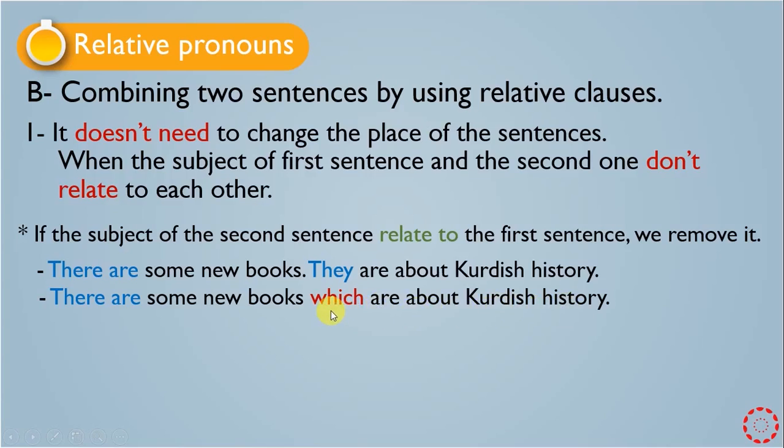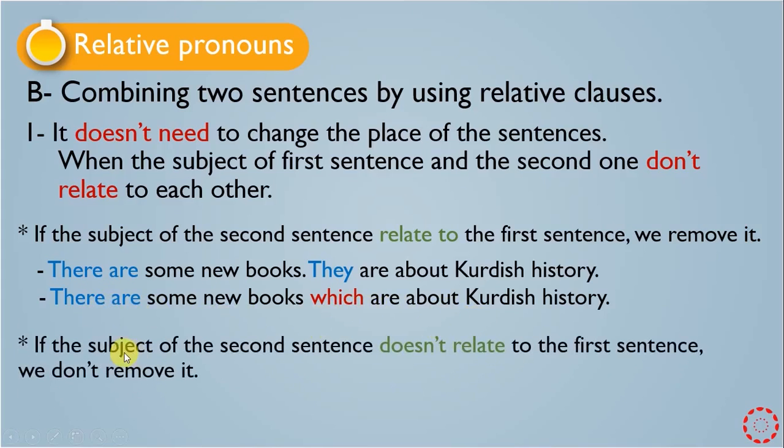Because in these two sentences, the subject of the first sentence and the second one are related to each other. That's why when we combine these two sentences, we can remove the subject of the second sentence. As you see in the second example, there are some new books which are, we remove "they", which are about Kurdish history. If the subject of the second sentence doesn't relate to the first sentence, we don't remove it.